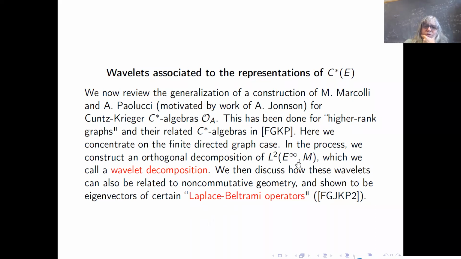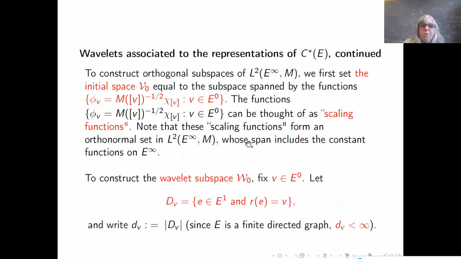Of course, here your E infinity is a compact set, so each of these subspaces in the multi-resolution analysis that we will get will turn out to be finite dimensional because we have a finite graph. And if time permits, we'll talk a little bit about this Laplace-Beltrami operator material.